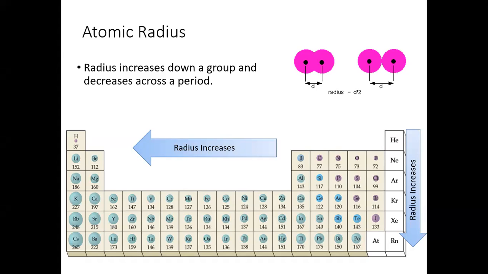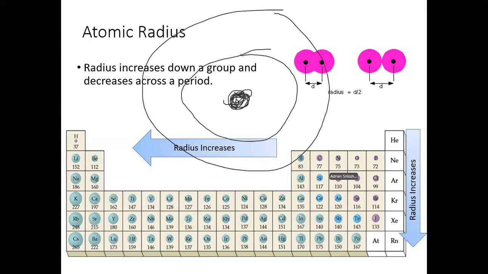If the nucleus in the middle has 11 protons and the electrons around them are being attracted to the nucleus, the nucleus has that pulling power, that strength, right?